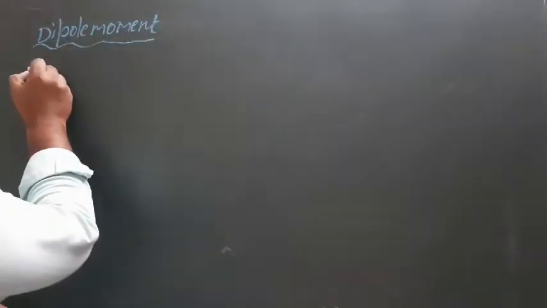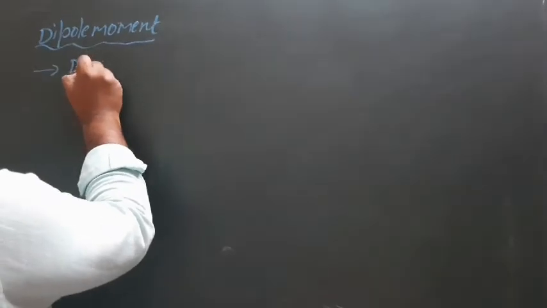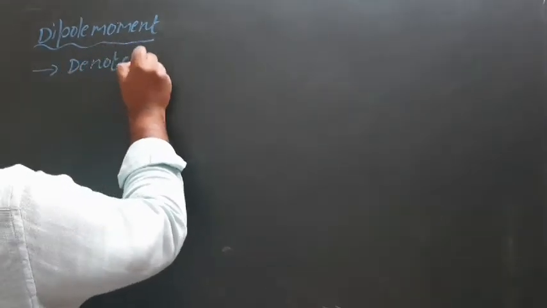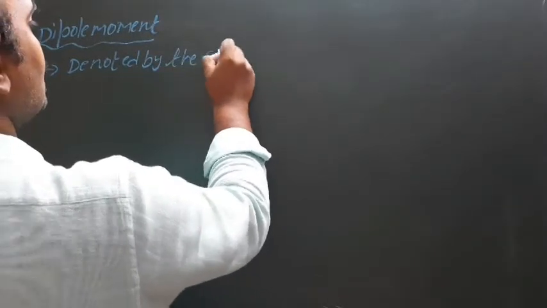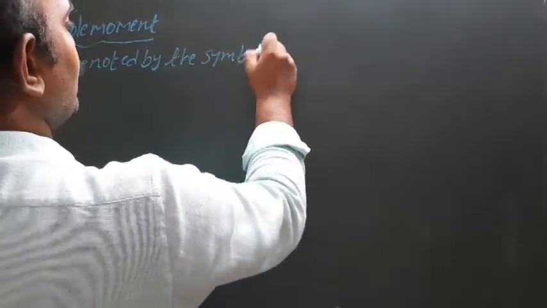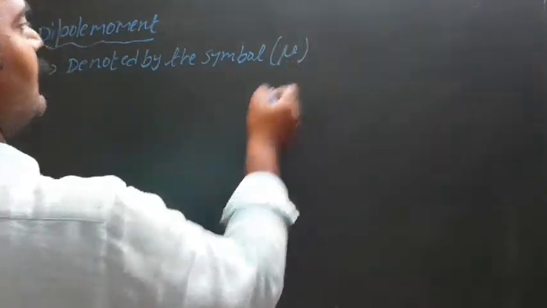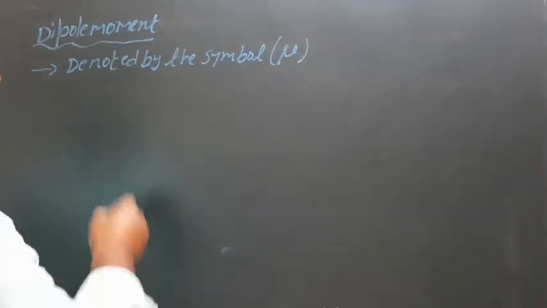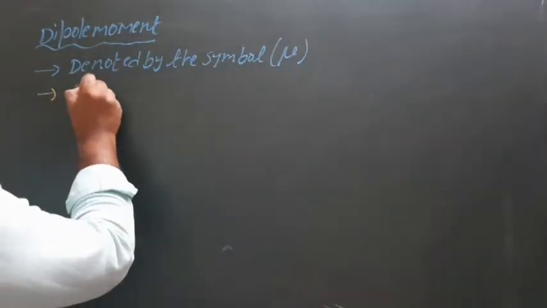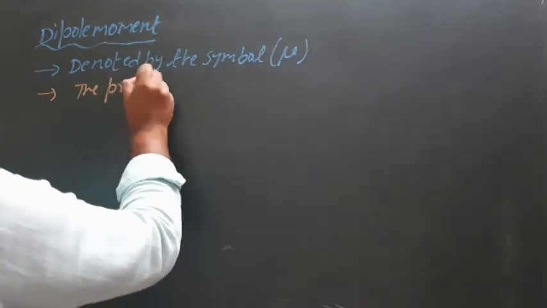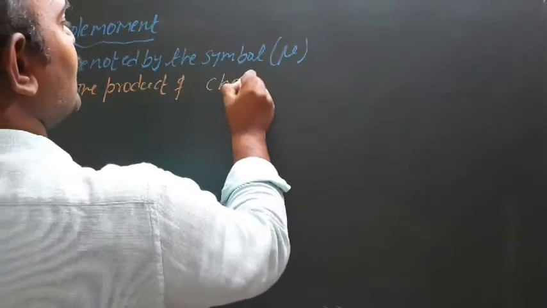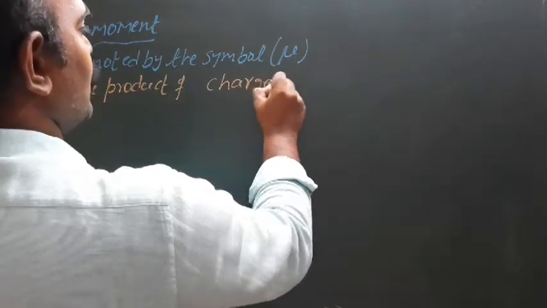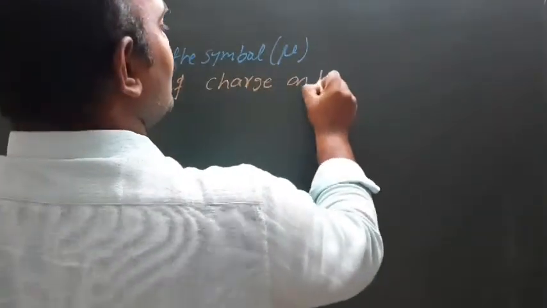The dipole moment is denoted by the symbol mu, and it is defined as the product of charge and distance.